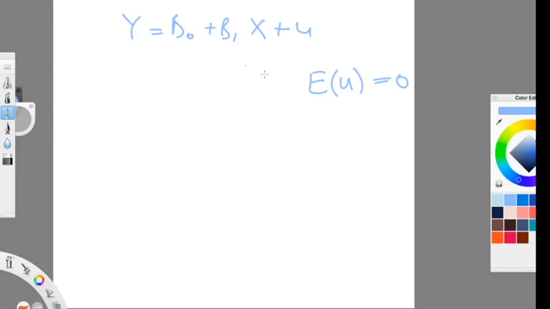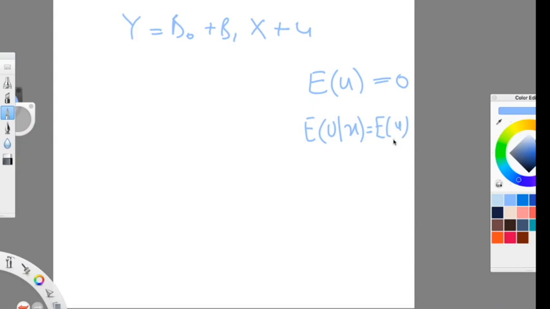The second assumption that we're going to be making is that the expected value of mu for any given x is the same, which is the expected value of mu. So it's constant. It's not dependent on y. Sorry, not y, x. So the mean value of the unobserved component is not dependent on x.